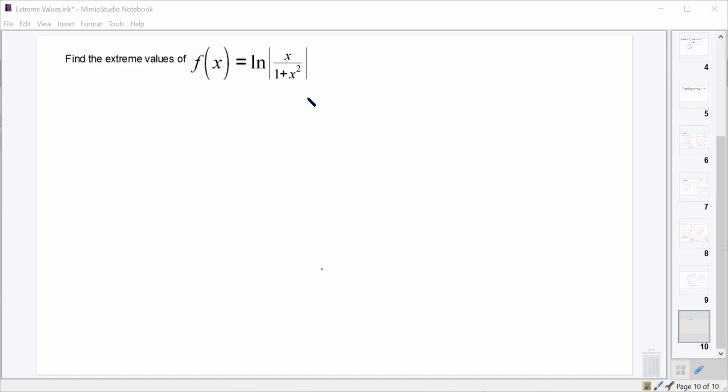So as long as the thing inside of here, x over 1 plus x squared, doesn't equal 0, it's in the domain. So that'd be if x equals 0, right? So we can't have a value of x equals 0. Everybody agree with that? Yes. Okay. So say x cannot be 0.